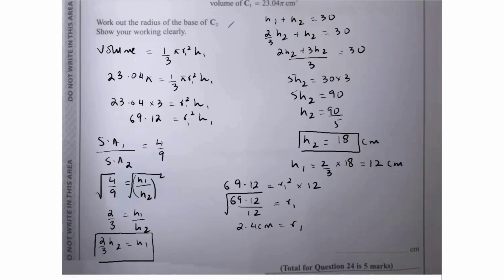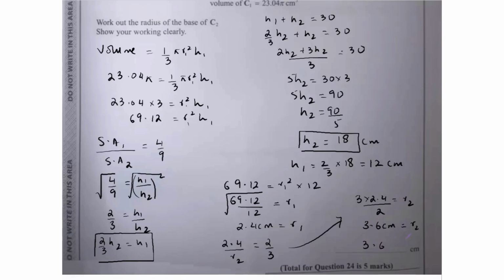So we need the radius of cone 2. We know that r1 divided by r2 equals the same scale factor, which is 2/3. Which means r2 is going to be 3 times 2.4 over 2. That is r2, and that's going to give us 3.6 centimeters. That is the radius of cone 2.